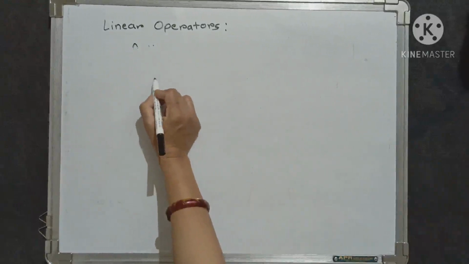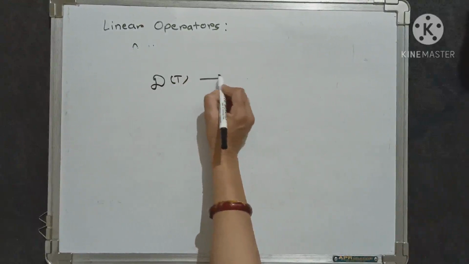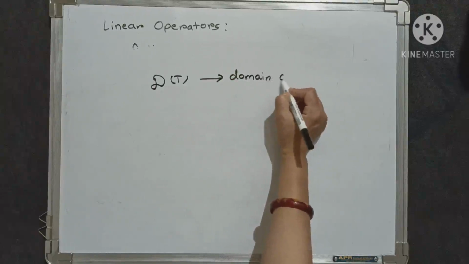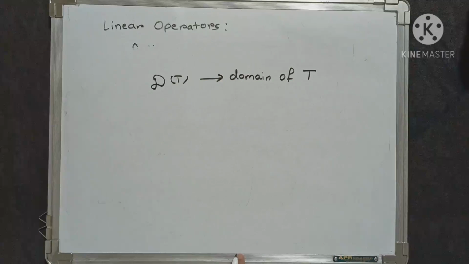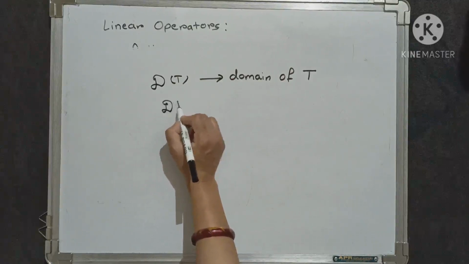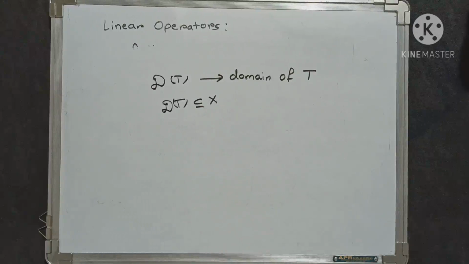Here we are using script D of T. It is nothing but the domain of the linear operator capital T, and this D(T) is always a subset of a vector space capital X.